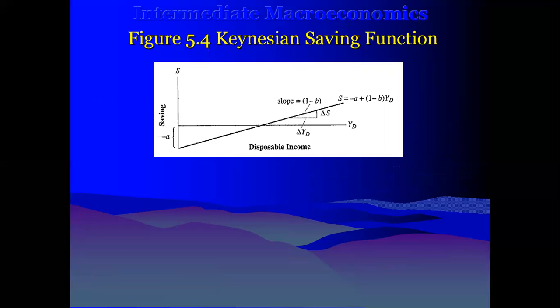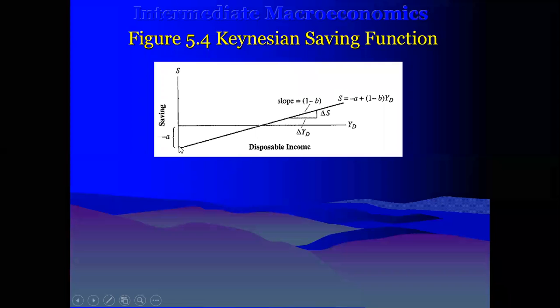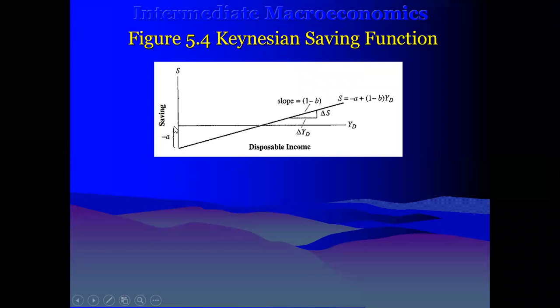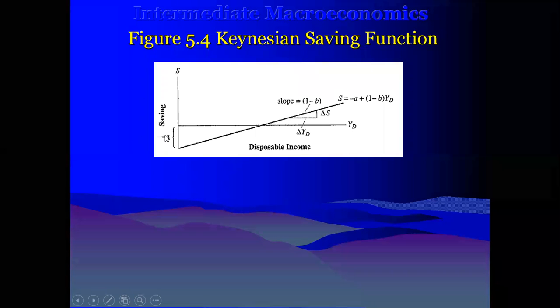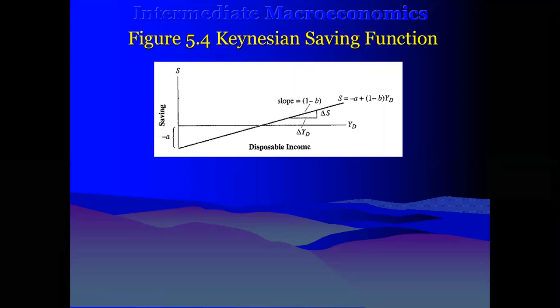The savings function. You see that it's starting from the negative axis, and that measures the inverse of the autonomous consumption. If you don't have any income at all, the level of consumption that you have means that you are de-saving.